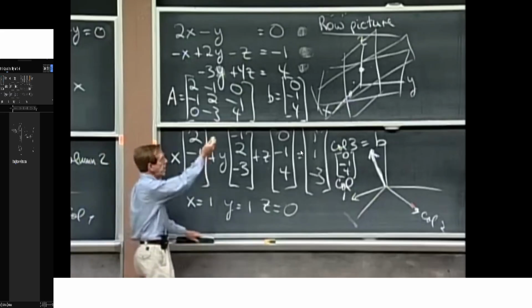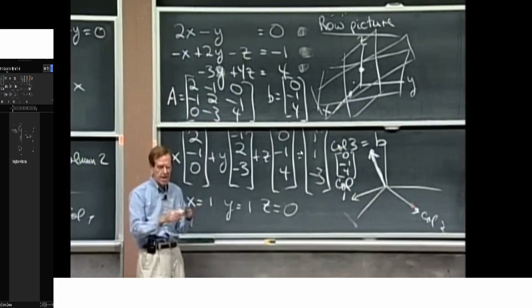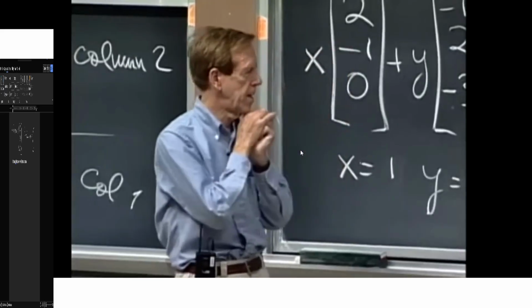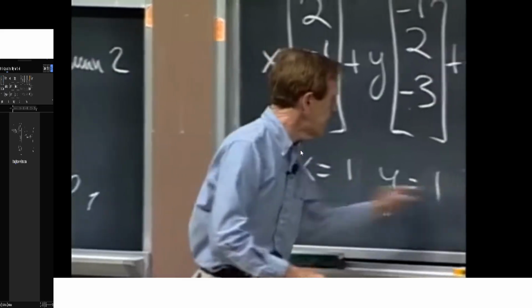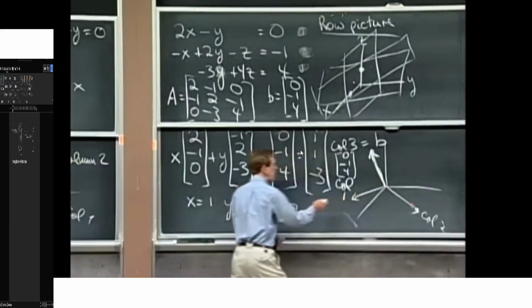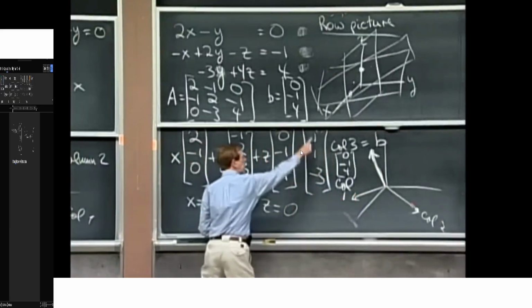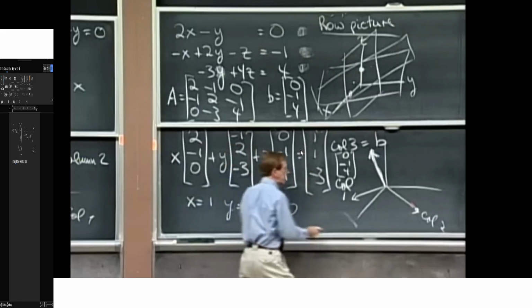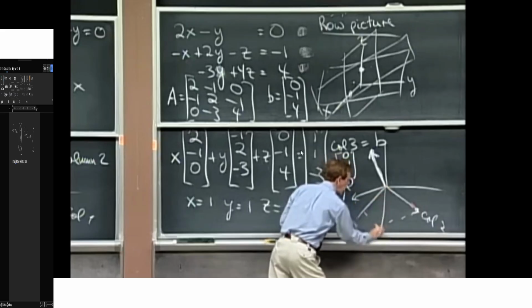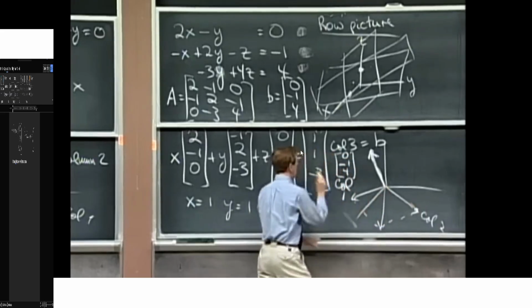So in the row picture, I have 3 different planes. Three new planes meeting now at this point. In the column picture, I have the same 3 columns, but now I'm combining them to produce this guy. And it turned out that column 1 plus column 2 is the right column.